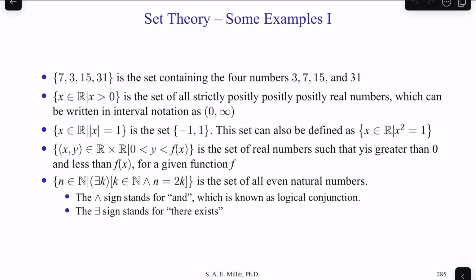Another set is pairs of real numbers where the second number is greater than 0 and less than a given particular function value. Or the set of even natural numbers includes all numbers that can be written as 2 times another natural number. The symbol for and means both conditions must be true, and the symbol for there exists means there's at least one number satisfying the condition.